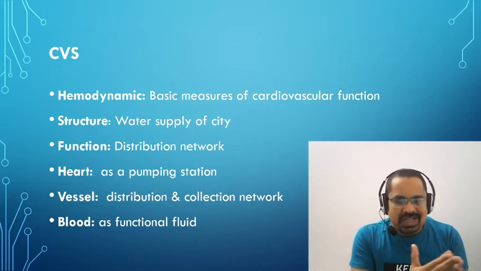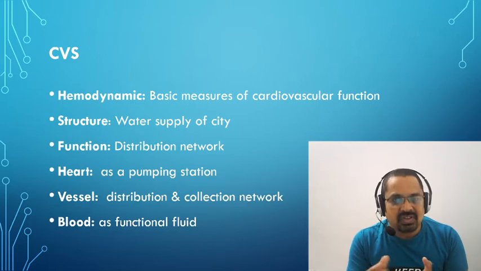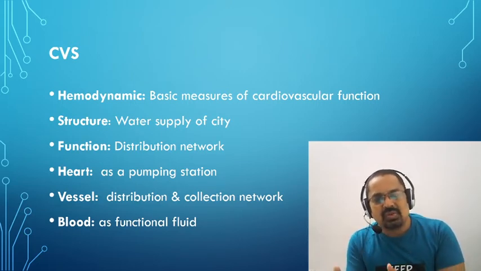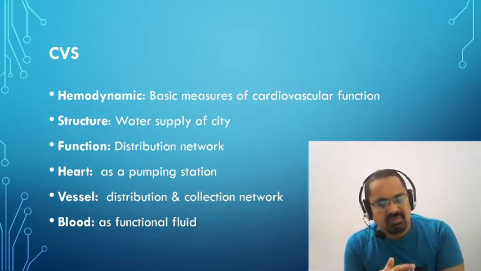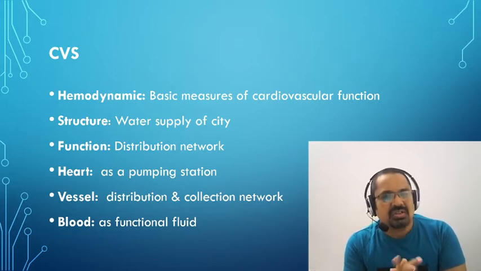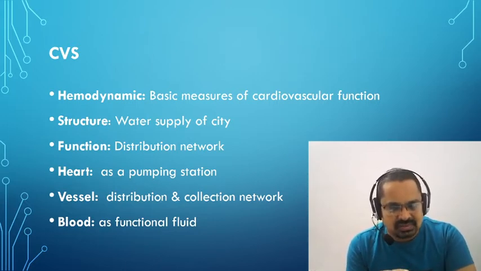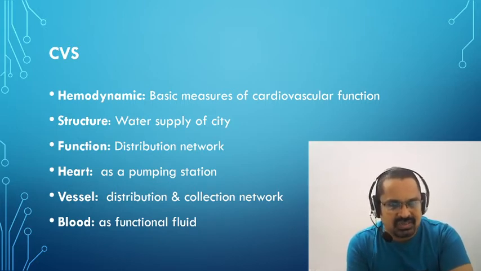Here, in that context, we look at the normal values, how they affect the pathophysiology in our second year B Pharm, and then how it affects your pharmacology in third year B Pharm. Therefore we have to study the cardiovascular system as hemodynamics, the normal, as a present overview.